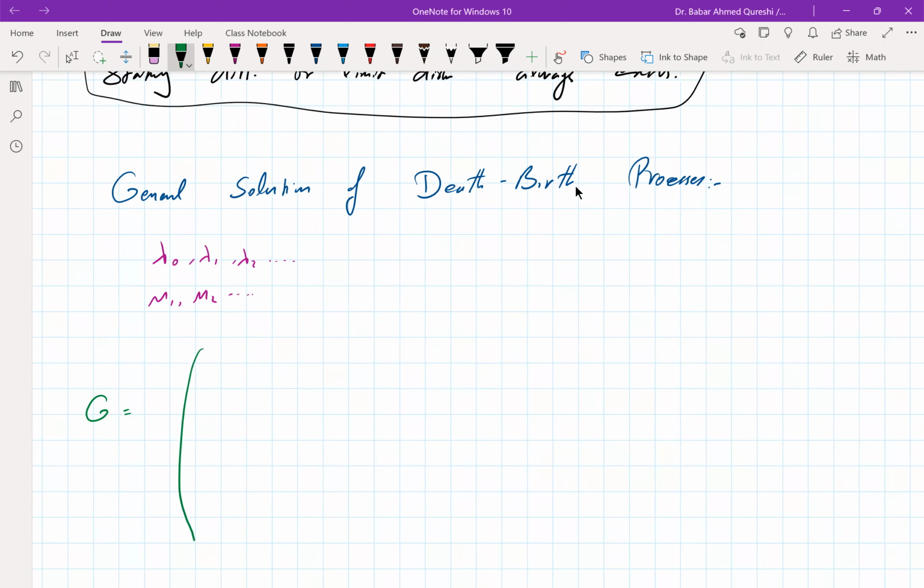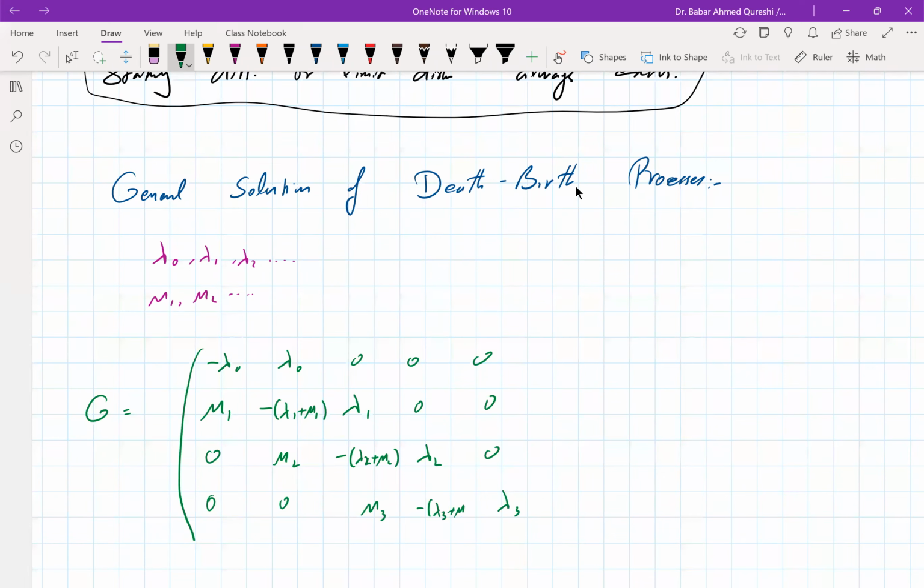So the most general one would be minus lambda naught, lambda naught, mu1, lambda 1, mu2, lambda 2, minus lambda 2 plus mu2, mu3, lambda 3, minus lambda 3 plus mu3.